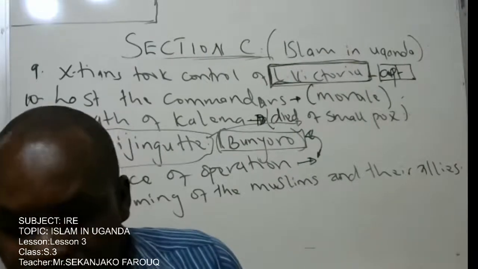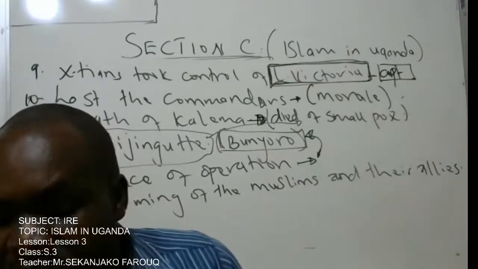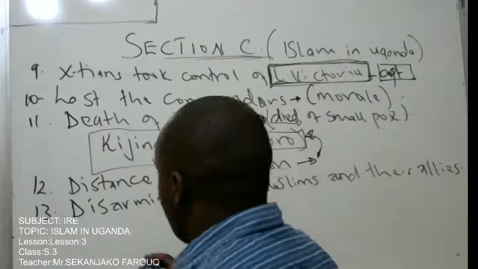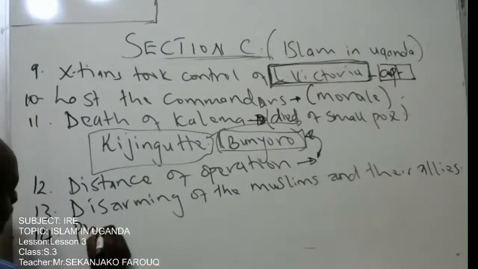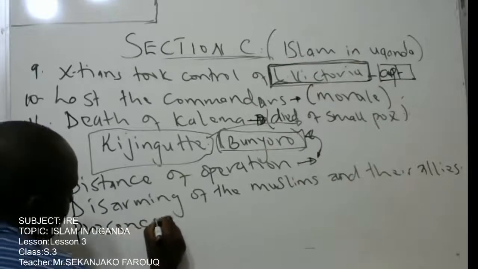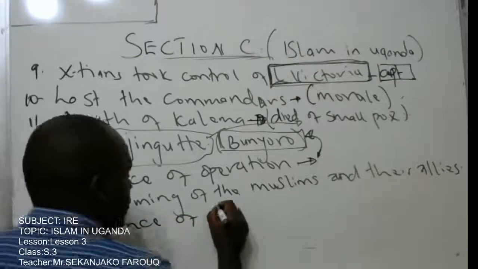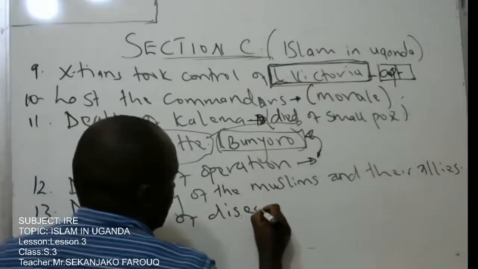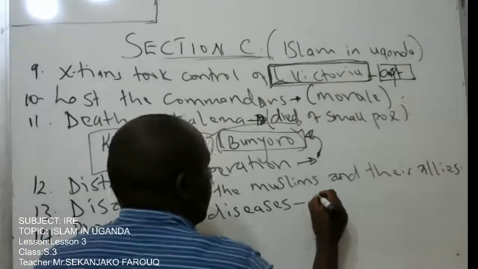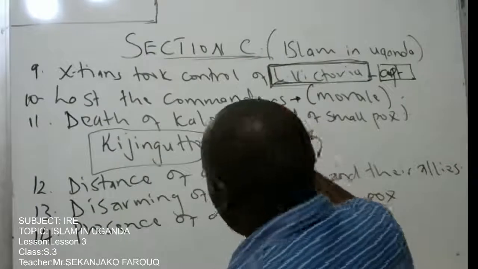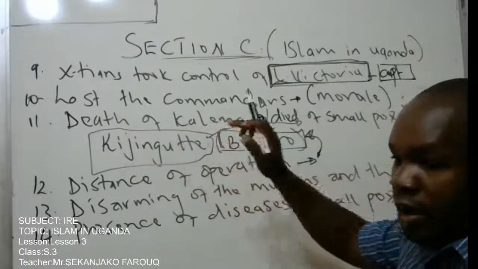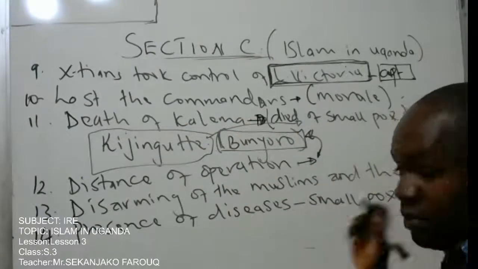Then next, the Muslims were attacked mercilessly by diseases. So number 14 was the presence of diseases. We can already talk about smallpox, which claimed the life of Nuhu Kalema, who was the Muslim leader.